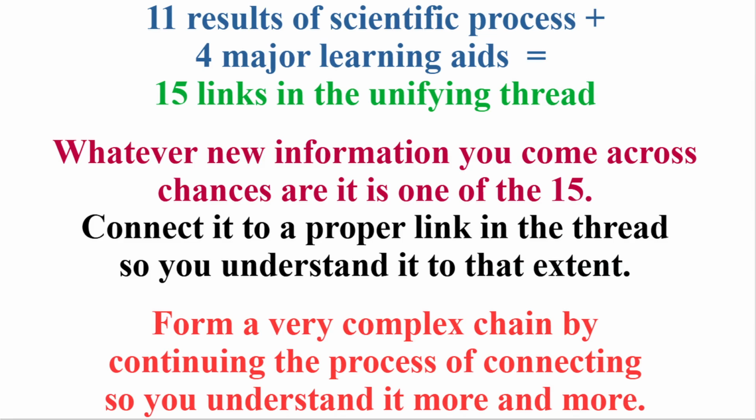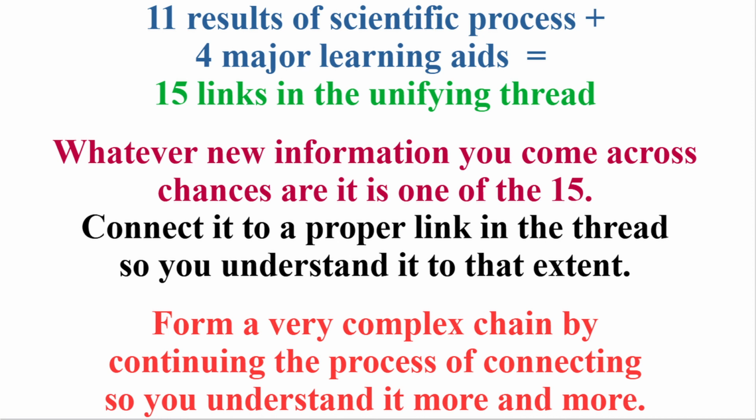Adding the above 4 major learning aids to the earlier 11 results of the scientific process yields a total of 15 links in the unifying thread. Whatever new information you read in the text or hear in the lecture, chances are that it will be one of these 15.